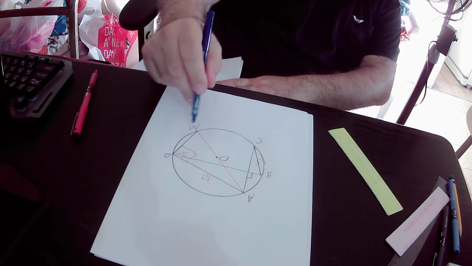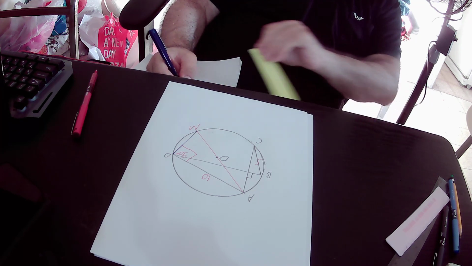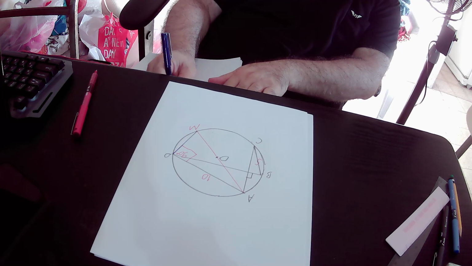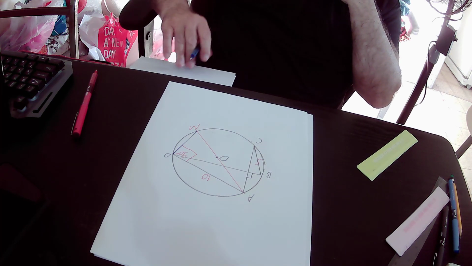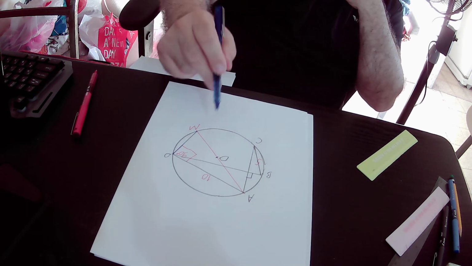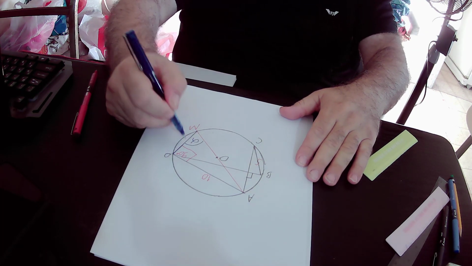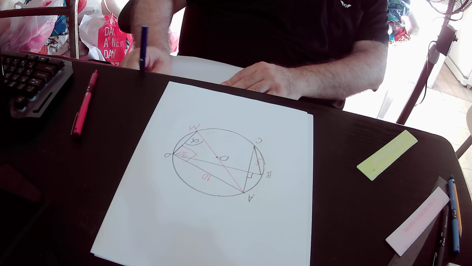So in the right triangle ADM, we will define angle DMA as alpha. So angle DMA equals alpha.